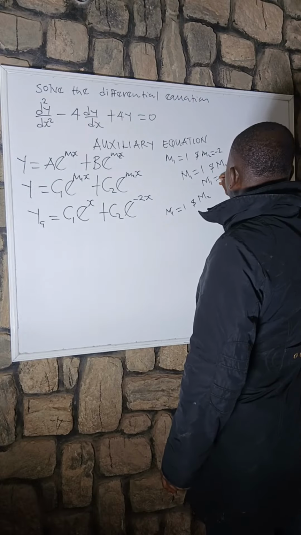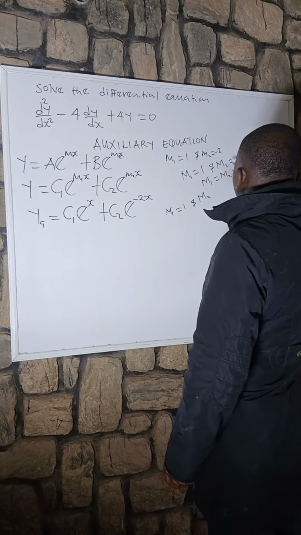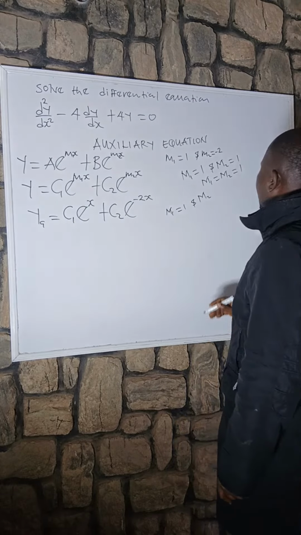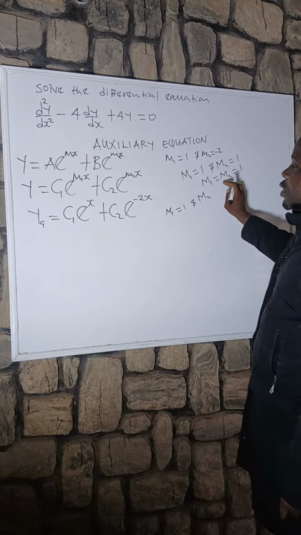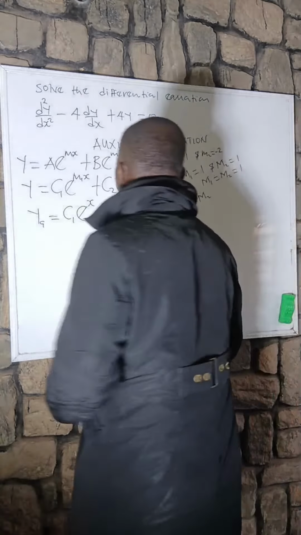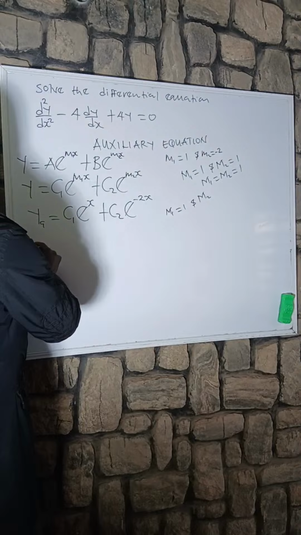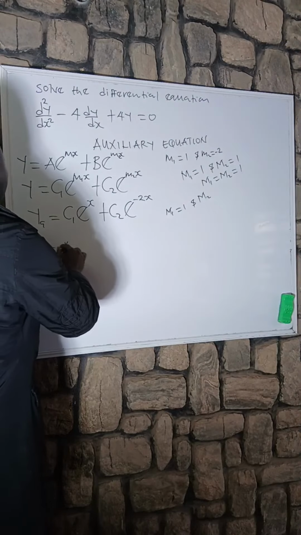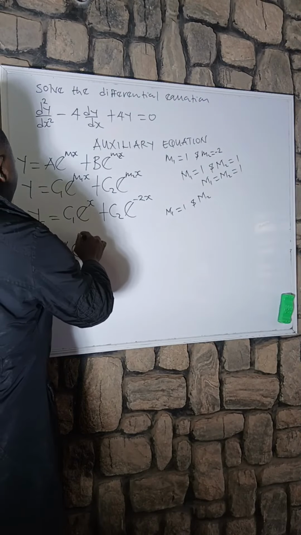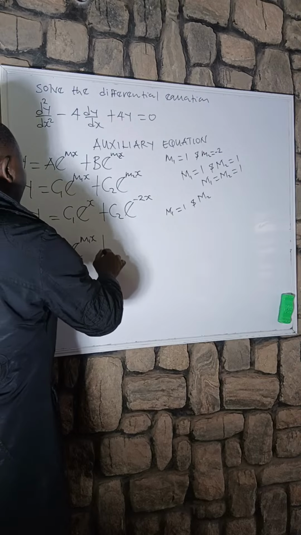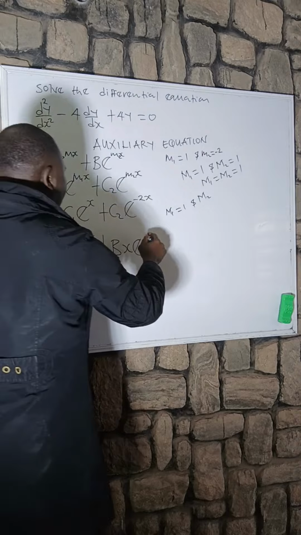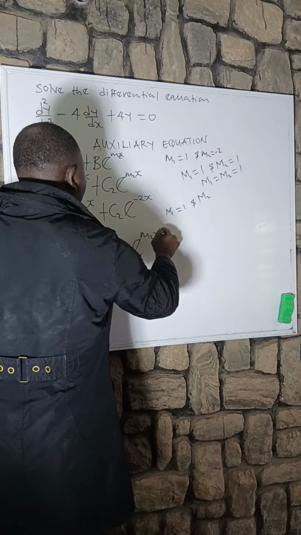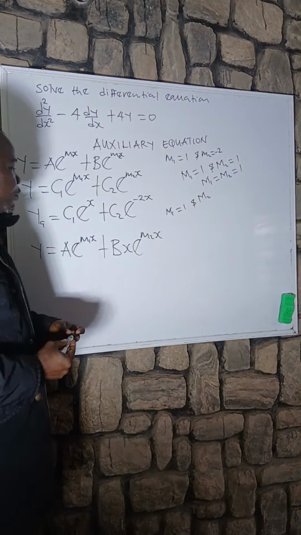It means m1 equals m2, which equals 1. The roots are the same. It means this is what you are going to use: y equals a exponential m1x plus bx exponential m2x. Can you see now?